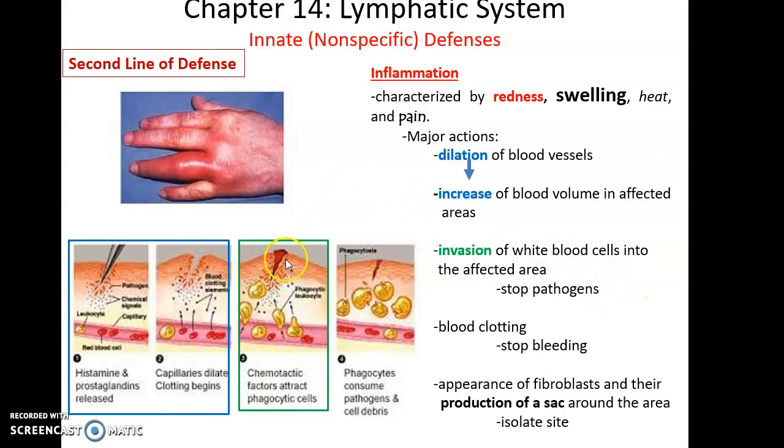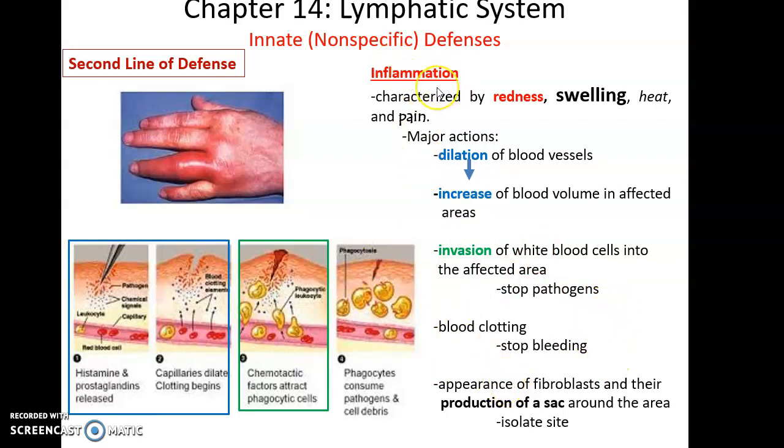Eventually, of course, where the injury happens, there's going to be blood clotting to stop the bleeding, because obviously we don't want to bleed out. And then eventually fibroblasts will show up. If they find that there is a major infection still going on, they will form a connective tissue structure around the site of infection, isolating it, trying to prevent it from spreading, which is another important function.